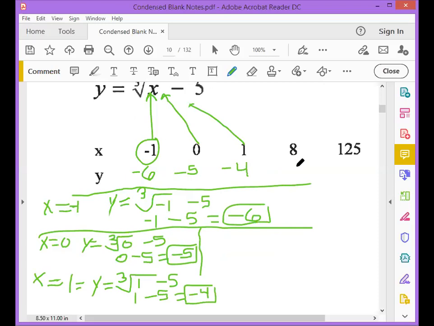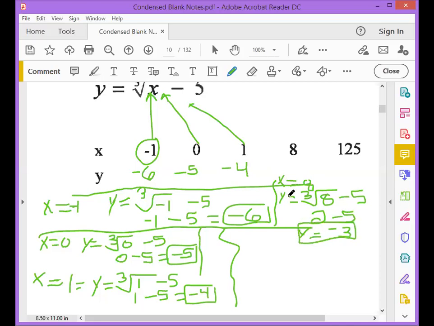Next, we're substituting 8 for x. So x equals 8. And when x equals 8, you'll get y equals the cubed root of 8 minus 5. The cubed root of 8 is 2. And 2 minus 5 gives us -3. So when x equals 8, y equals -3.